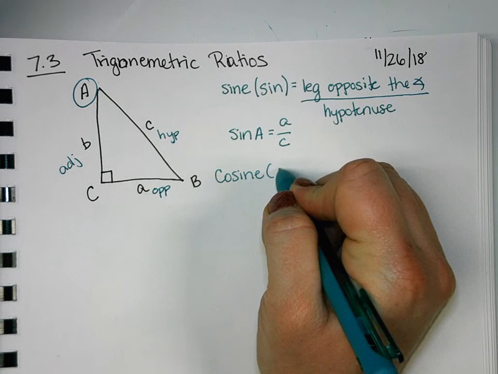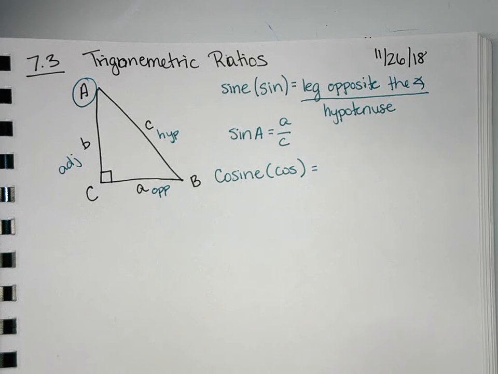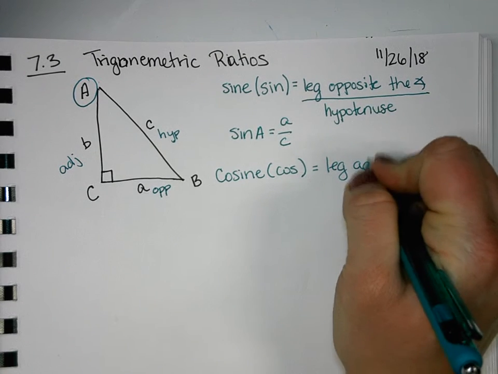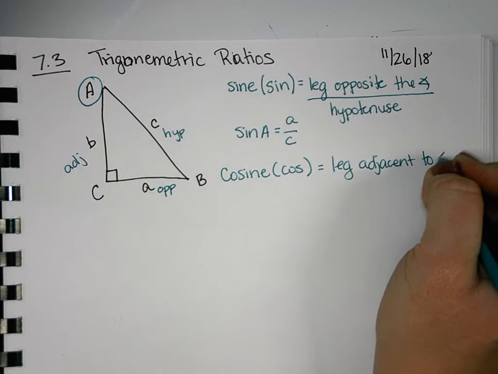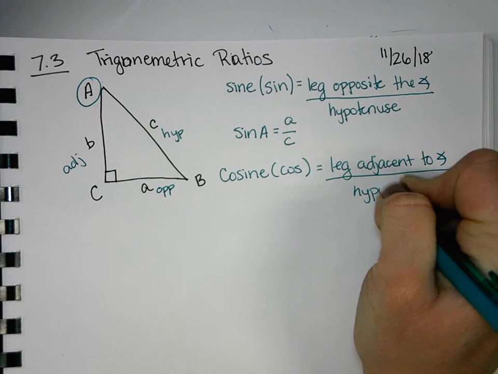Our second one is cosine, abbreviated COS. This ratio is the leg adjacent to the angle divided by the hypotenuse.